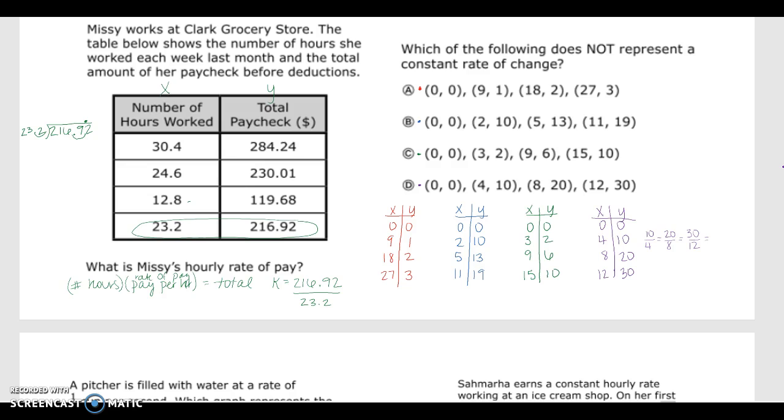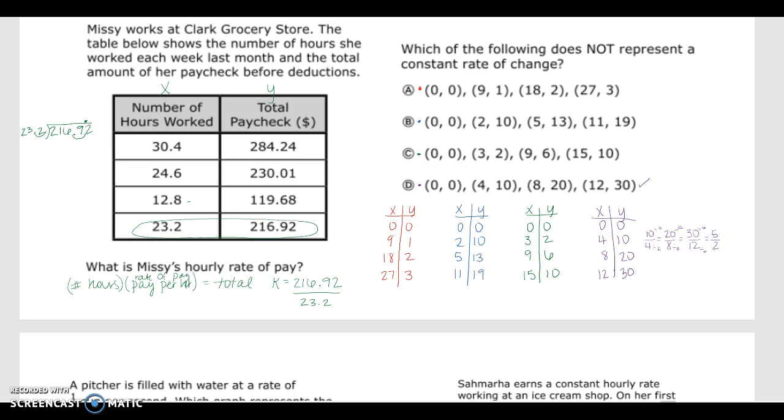So I think all of those can be simplified to 5 over 2. If I divide these by 6, that gets me 5 over 2. Divide these by 4, that gets me 5 over 2. Divide these by 2, that gets me 5 over 2. So D looks like yes, because we're looking for not the constant.